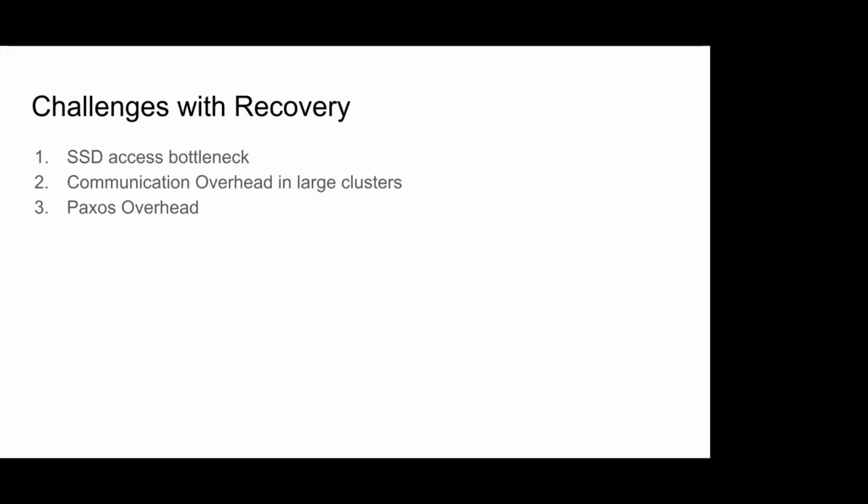So that is something that needs to be managed. The third overhead that they mention is that the communication overhead during leader election is twice as great as in a standard primary backup setup.